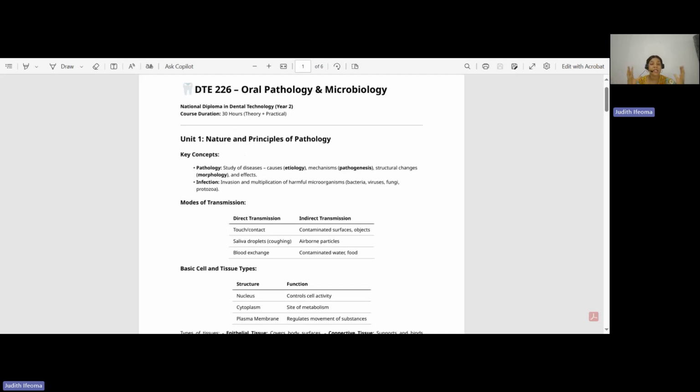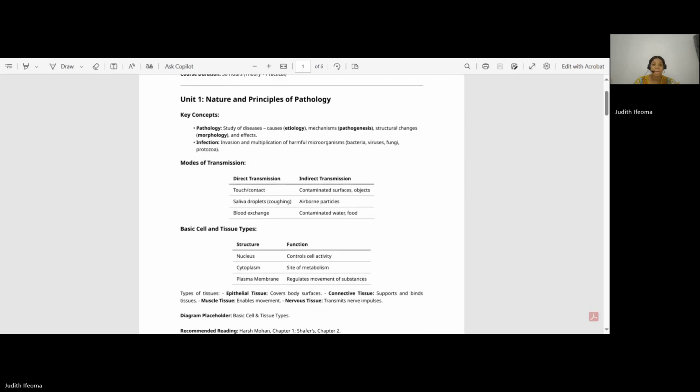There are four main things that we look at in pathology, as you can see in your material. I'm going to call them out. The first is the cause of disease, which is etiology. The second is how the diseases develop, which is pathogenesis.